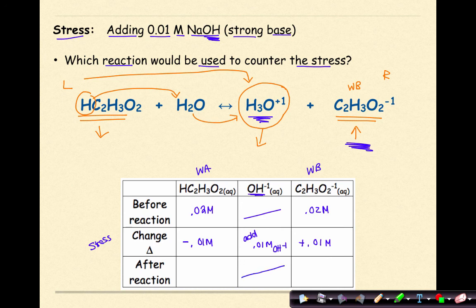Ultimately, all the hydroxide ions will be consumed, and as a result, our new concentrations at equilibrium after buffering has taken place will be 0.01 molar of the acetic acid remaining here and 0.03 molar of our acetate ion total once equilibrium has been reestablished.